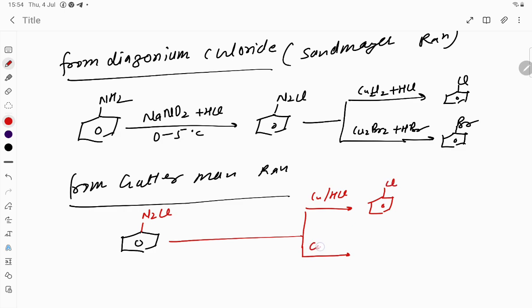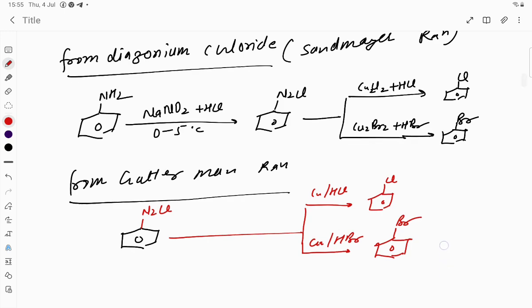Or you can take copper powder and then HBr, so this is going to give bromobenzene. This is the Br. So this is the method of preparation, student. Right, so three methods of preparation are there.